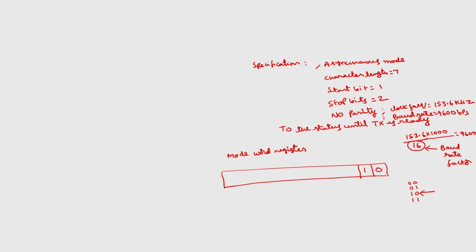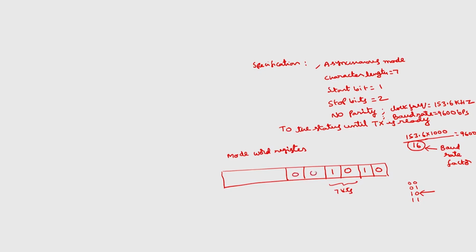Then the next 2 bits are character length. So, what is the character length here? 5 bits means 0 0, 6 bits means 0 1, here it is 1 0 because it is 7 bits. And the next 2 bits are parity control.